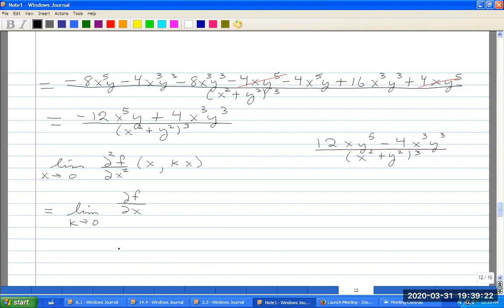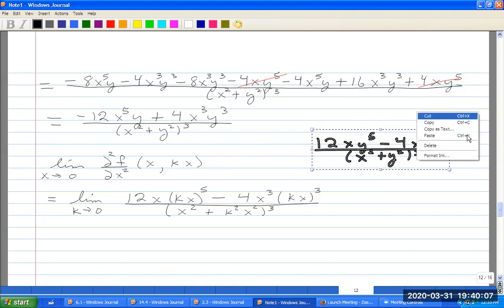Well, let's just plug it in. Of 12 k x^5 minus 4 x^3 kx^3 over (x^2 + k^2x^2) cubed.